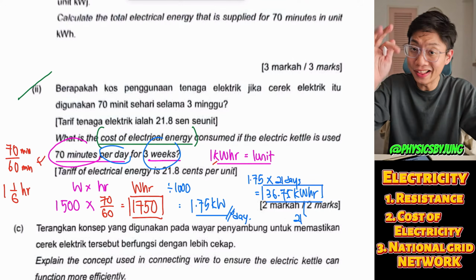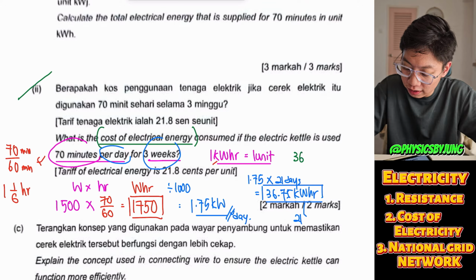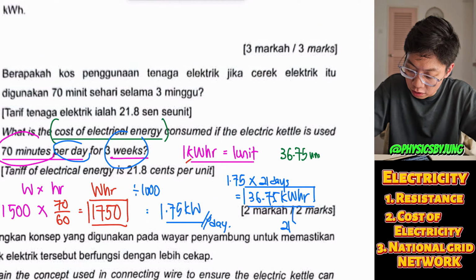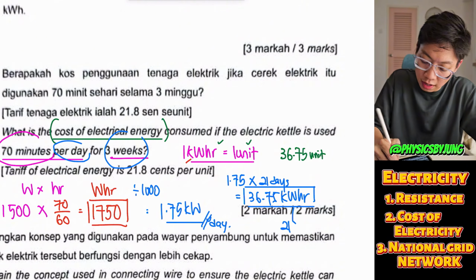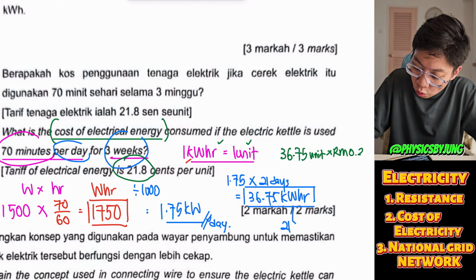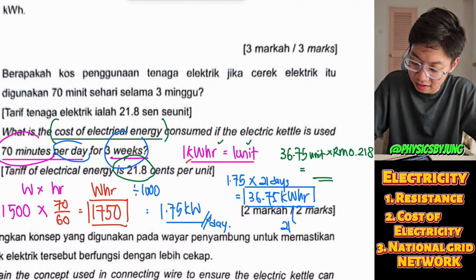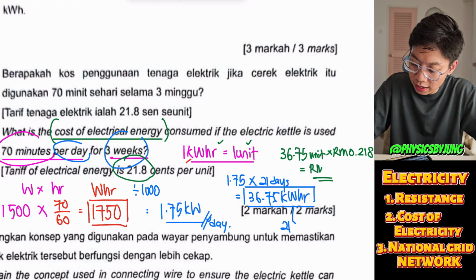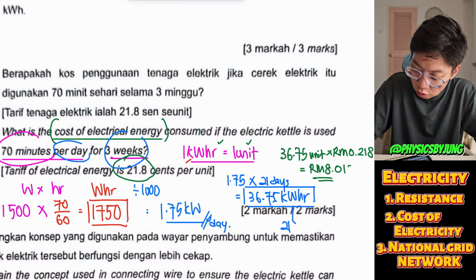So now my last step, I will have to take 36.75 units, because 1 kilowatt hour is 1 unit, and multiply by the price of 21.8 cents. Okay, so if I multiply this, what do I get? So I will get 8 ringgit point 012.